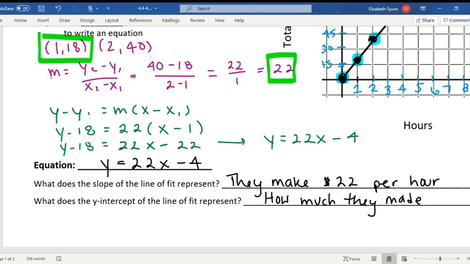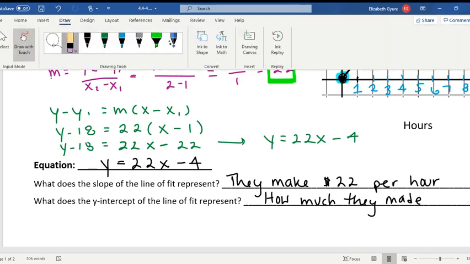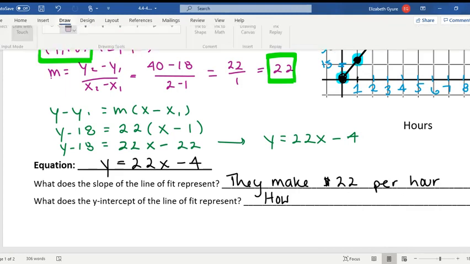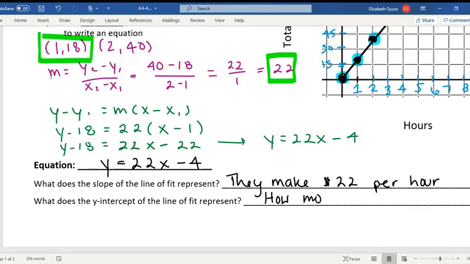It's like the starting price. Or how about we put, would you prefer if we said it's their starting pay? Would that make more sense? Okay. That would work too. So it's how much money they started with. Does that make more sense to you guys? Because it's like a fee, right? Like when we would pay an initial fee. So that's how much money they started with.